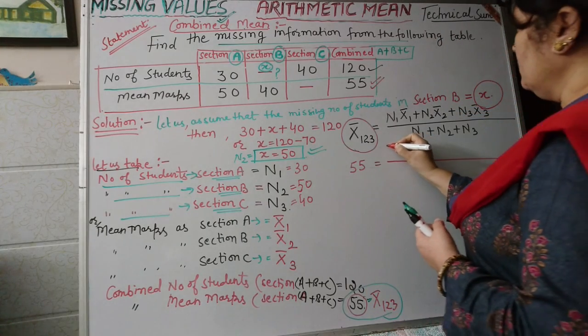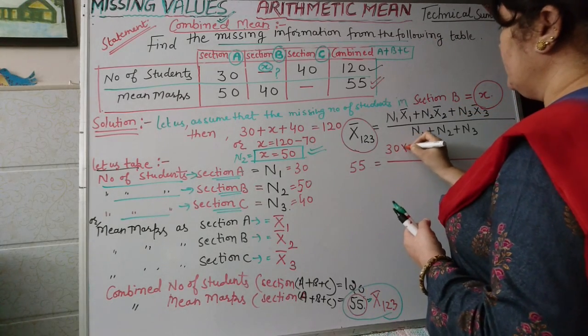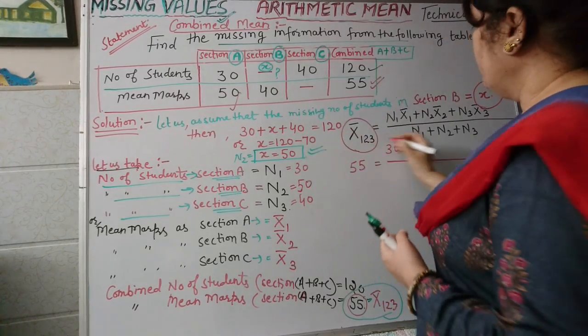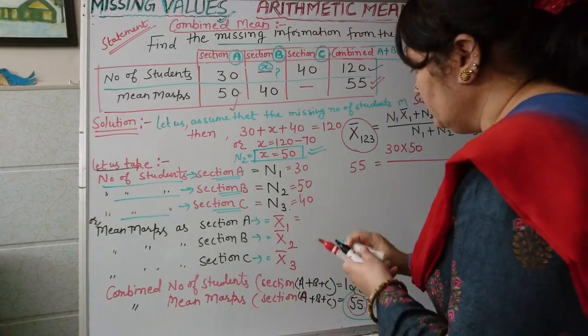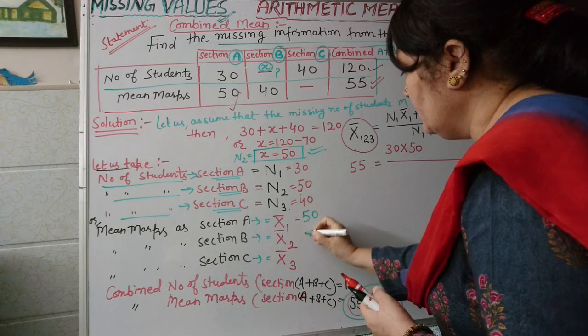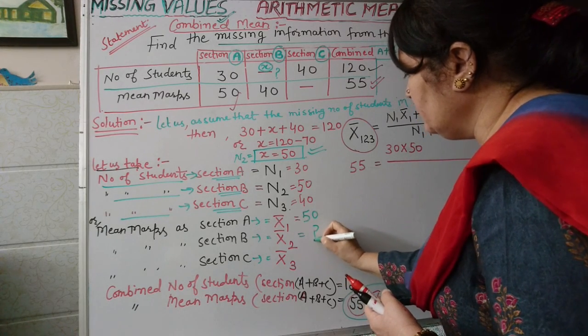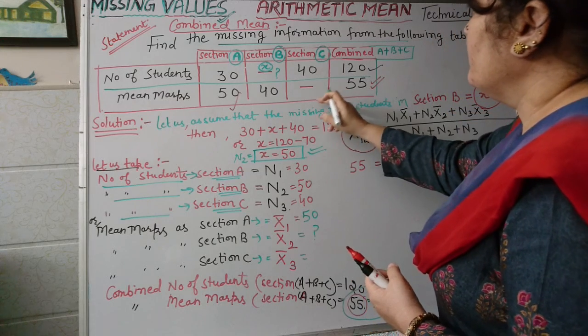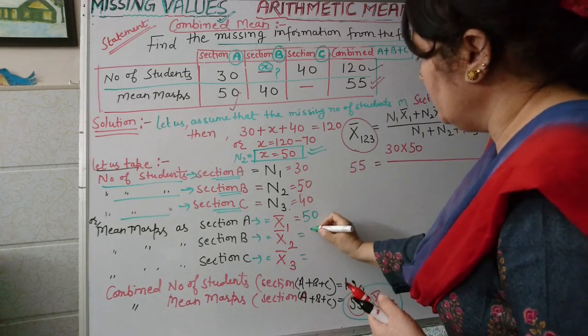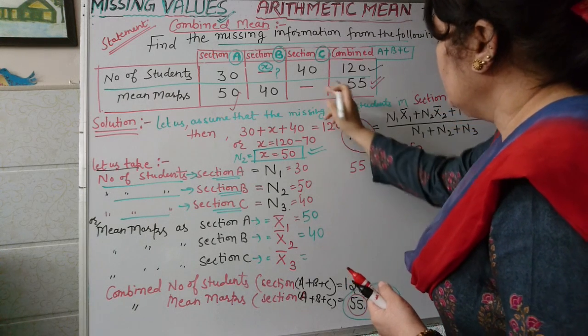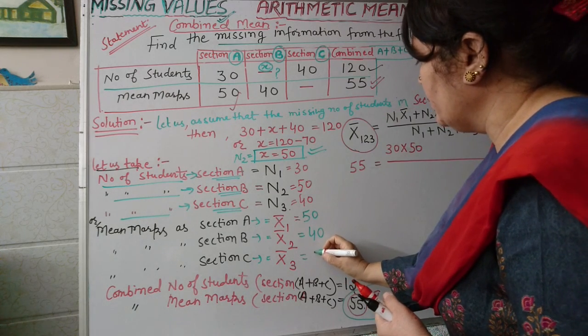So let us write down 30 multiplied by the mean marks of the first section, 50, plus the second 50 multiplied by 40, plus n3, which is 40, multiplied by x bar 3, the value we have to derive.